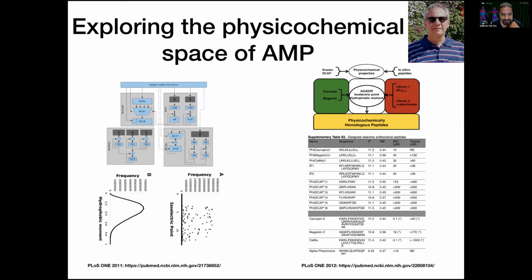So these results led us to propose that in order to identify antimicrobial peptides, it will be more successful if we just copy the values of some known antimicrobial peptides than to try to identify a particular range of values, because of this discrete distribution that we observe on the isoelectric point.